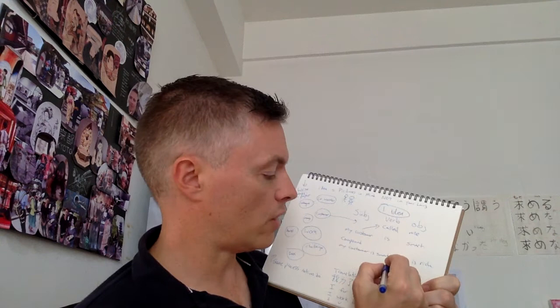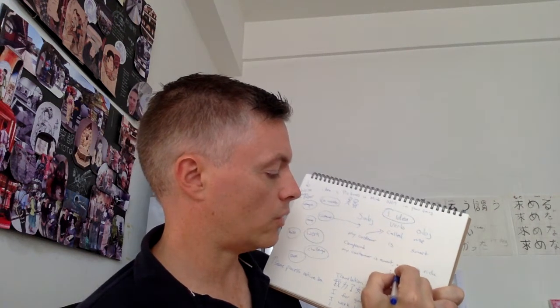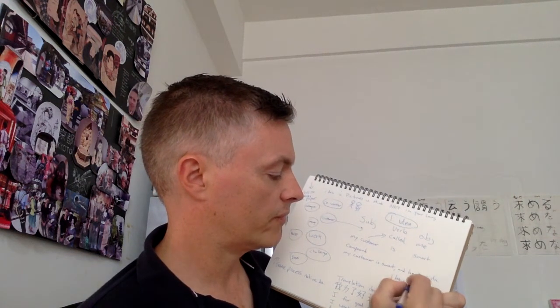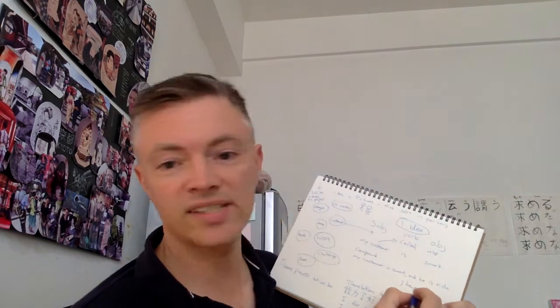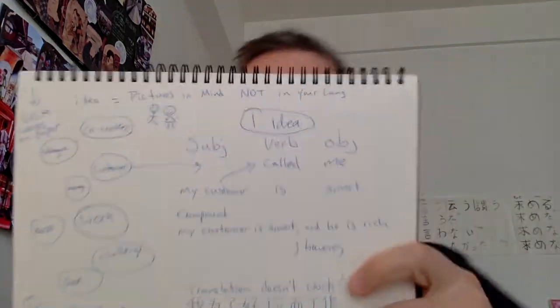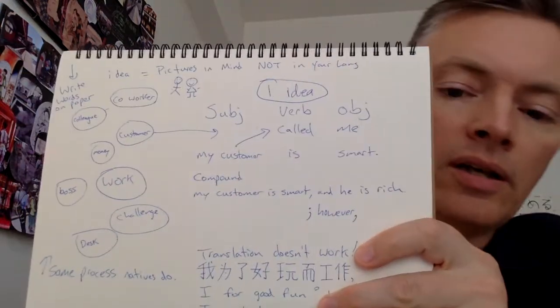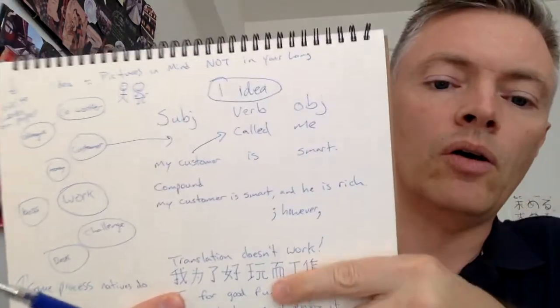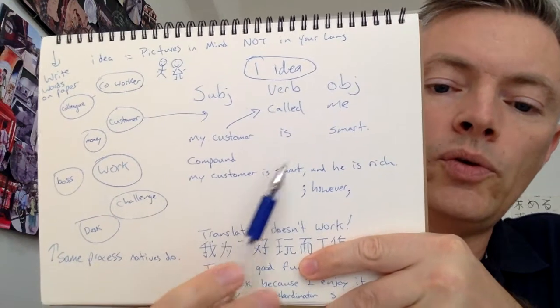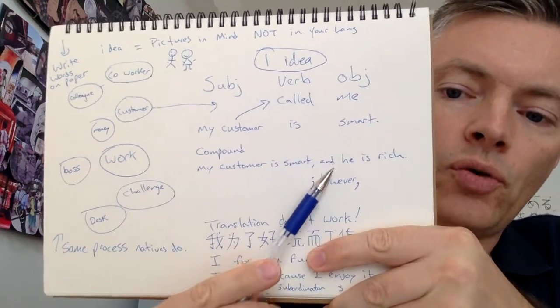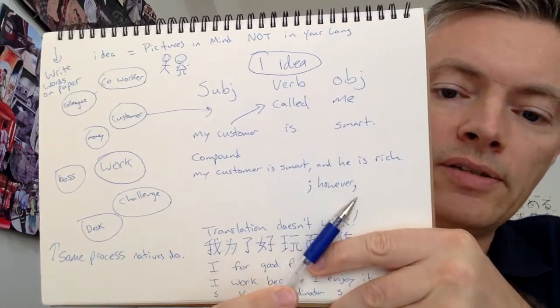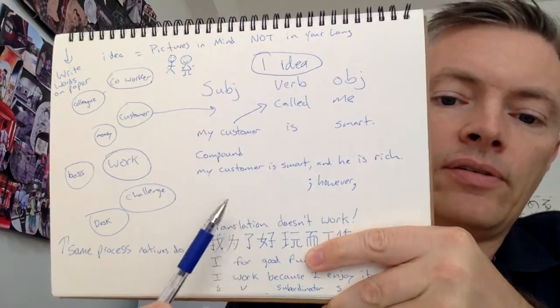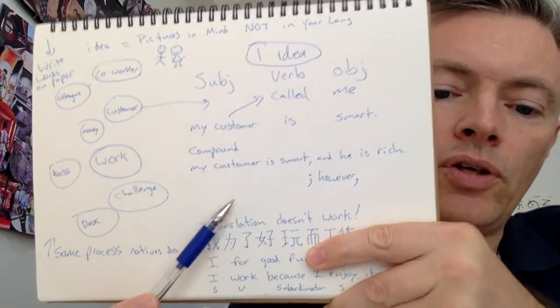But if you're going to use however, you need a semicolon, however, comma, or instead, or any word like that. You see that? So you have subject, verb, object, however, subject, verb, object. Now, why do we use these words? Because they show the relationship between the two ideas. And you can also do the same thing.